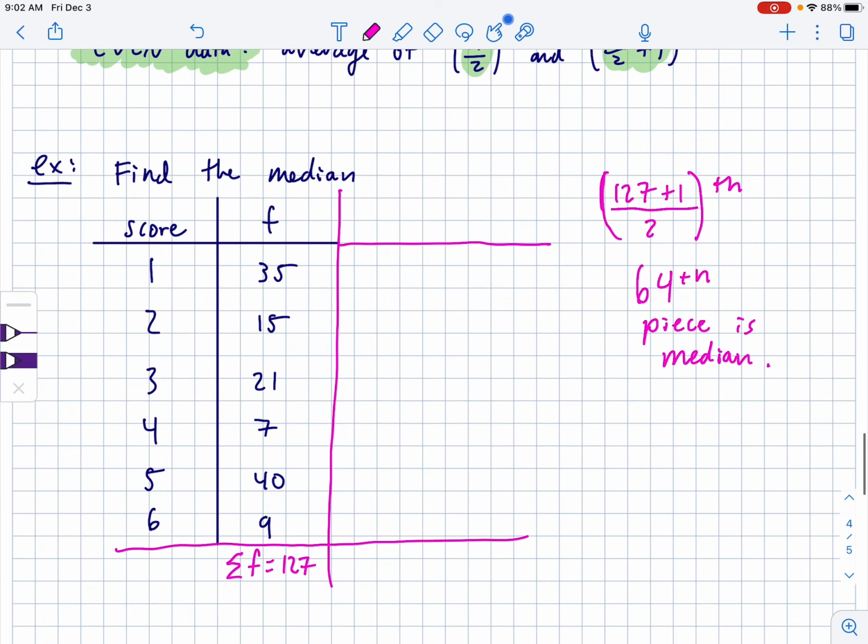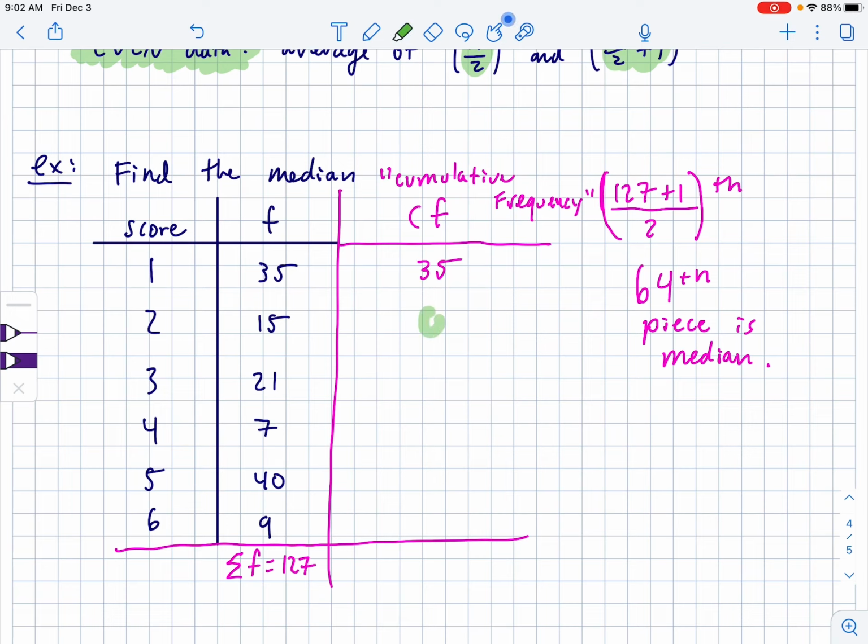The way you figure out where the 64th lands is with something called a cumulative frequency column. The way you make a cumulative frequency column is it's like a running tally of how many data pieces you have. So in the first row, you have 35.